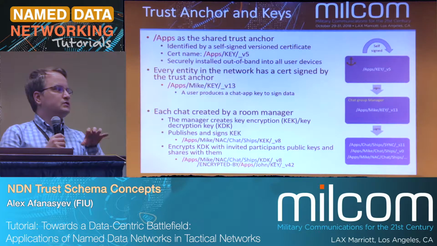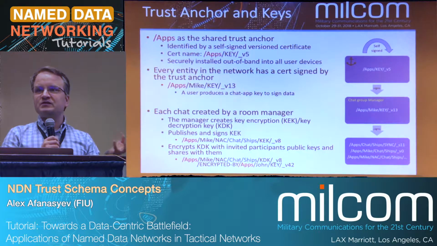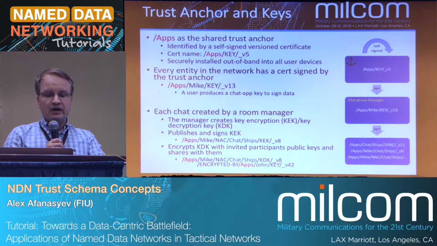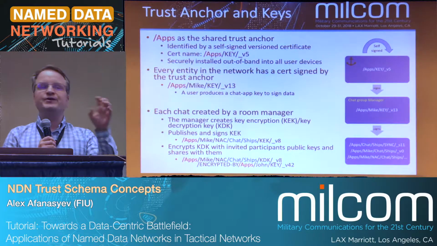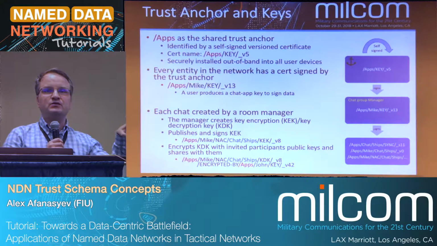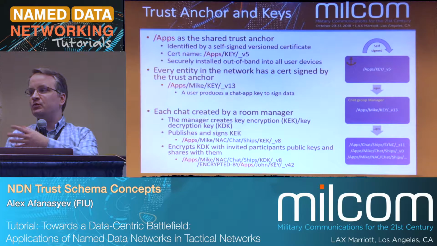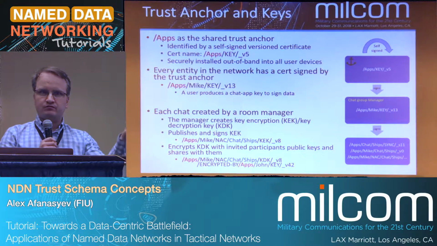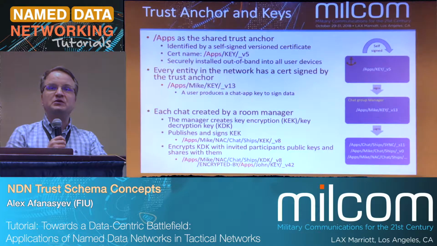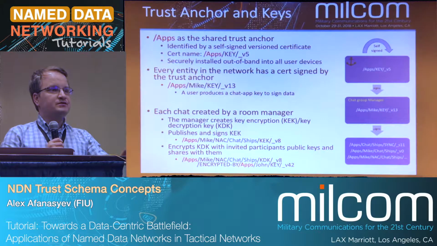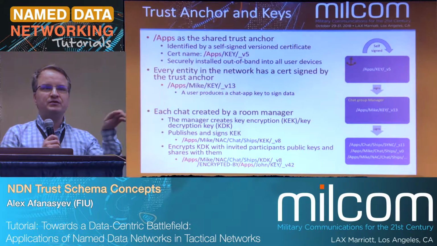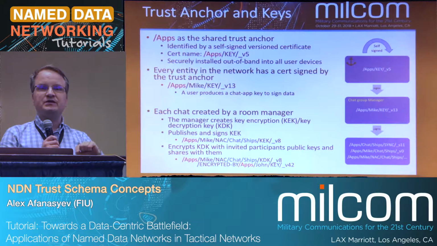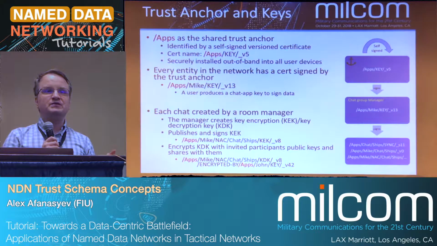So all of those data should be effectively signed by some key. For example, this is an extremely simplified version because in reality we have to have multiple keys that will sign different pieces of data for the purpose of the least privilege principle. But given this as a simple example, all those data has to be signed by this specific key, by the app's Mike key. So only Mike can sign data that's been produced by Mike.